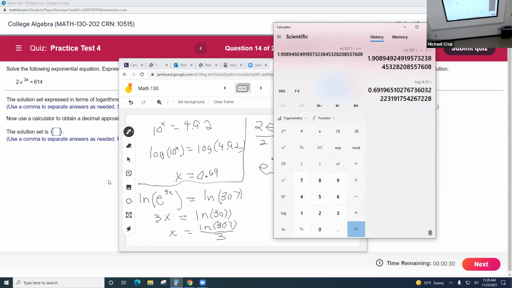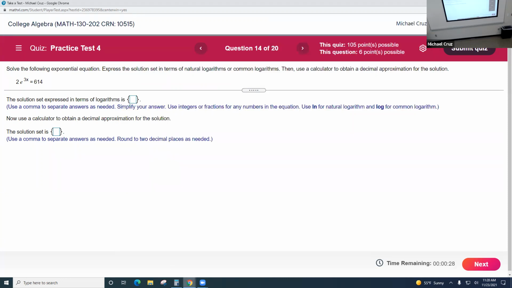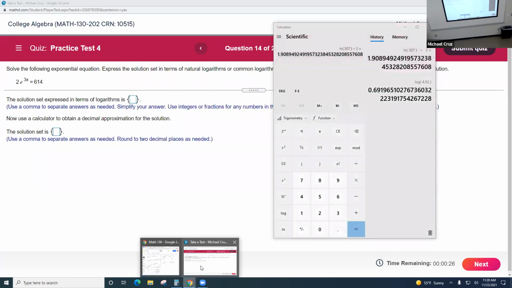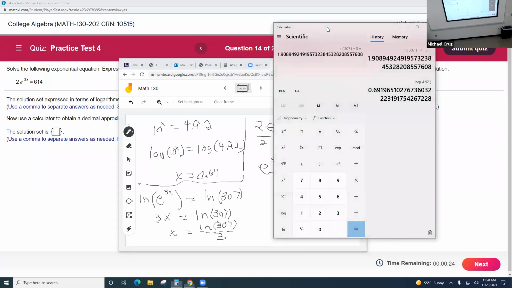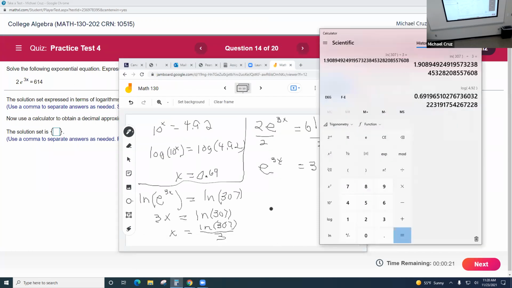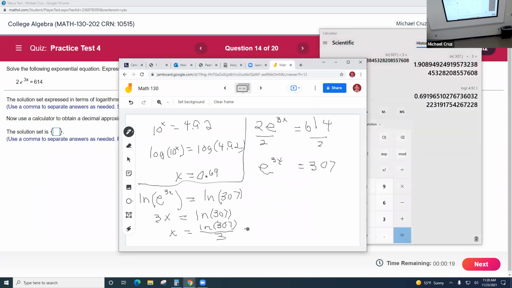So 1 point, and what does it want? 2 decimal places. So 1.91. Okay.